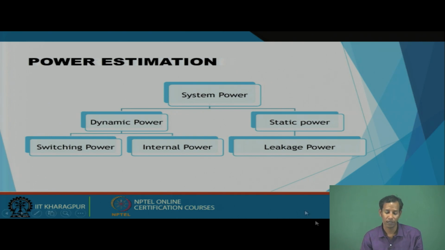Now, what is the switching power? Whenever your design or your system is in idle mode, nothing is happening inside the chip, that means the switching activities are not happening inside your IC.